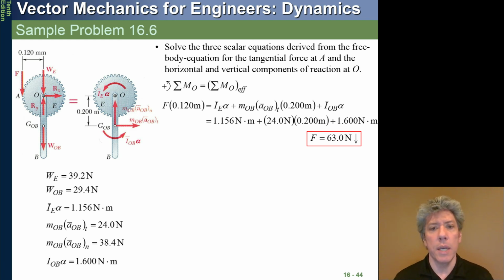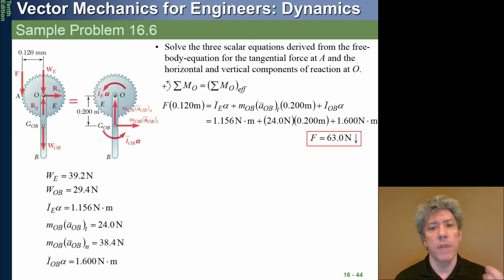So you see in this sum of moments equation, they've taken all of the forces that cause a moment. Well, what forces are there? The weight of B acts through the center of rotation, so that doesn't cause a moment. The reactions act through the center. The weight of the gear acts through the center. So none of that is important. The only thing that causes a moment is the force F from the mating teeth.